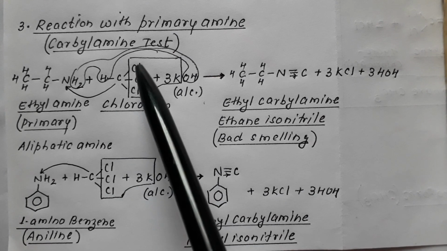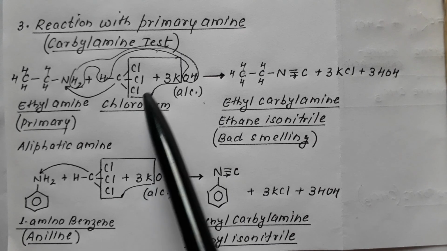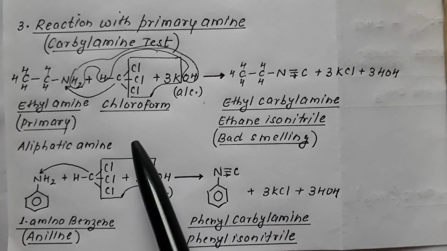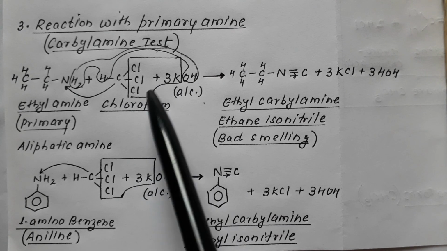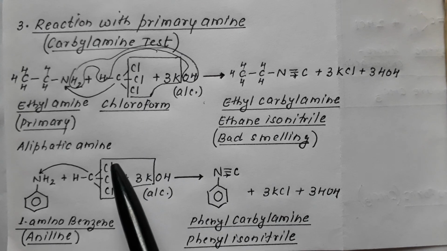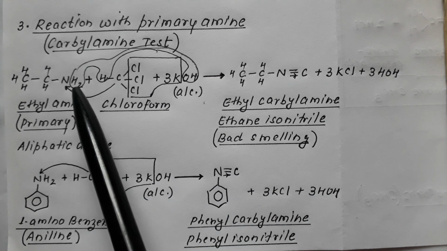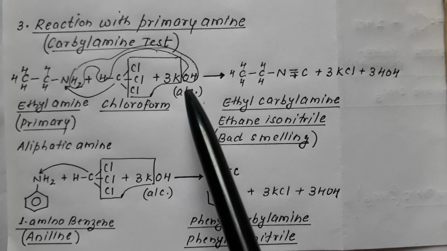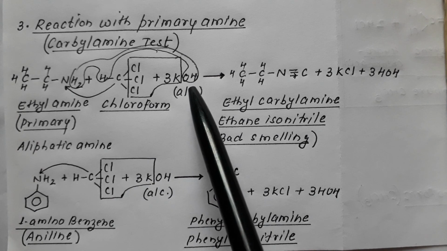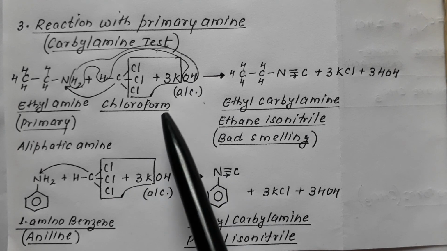What happens? The 3Cl and 3K go out in the form of 3KCl. Then 2H from NH2, 1H from chloroform, and 3OH from KOH go out in the form of 3 water molecules.